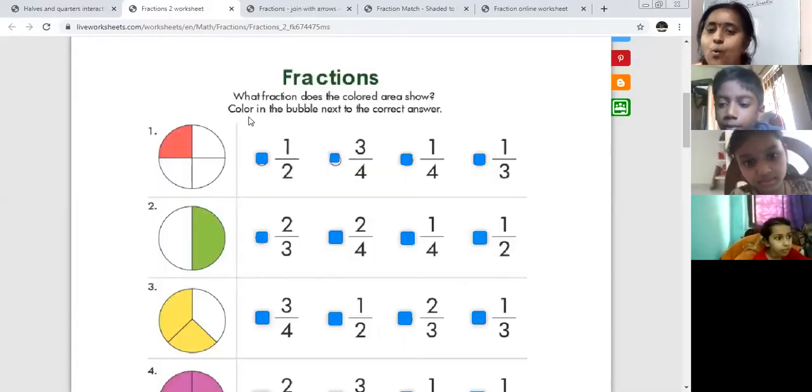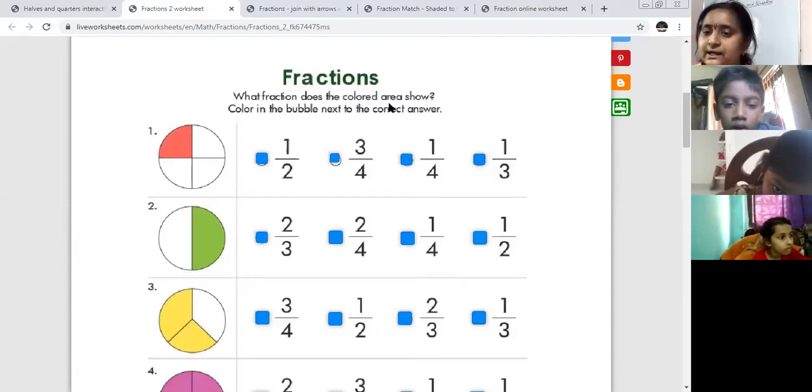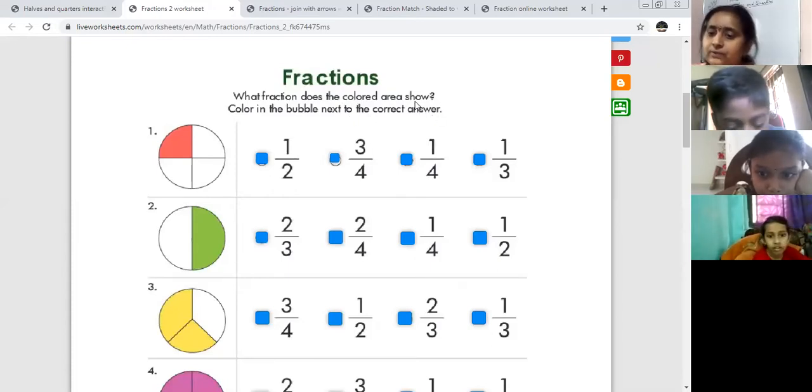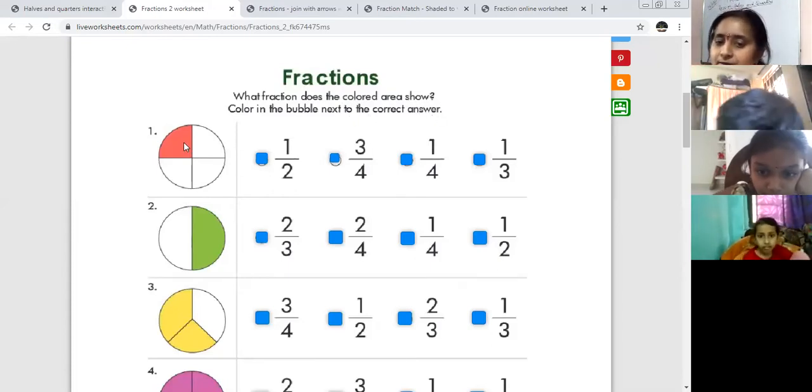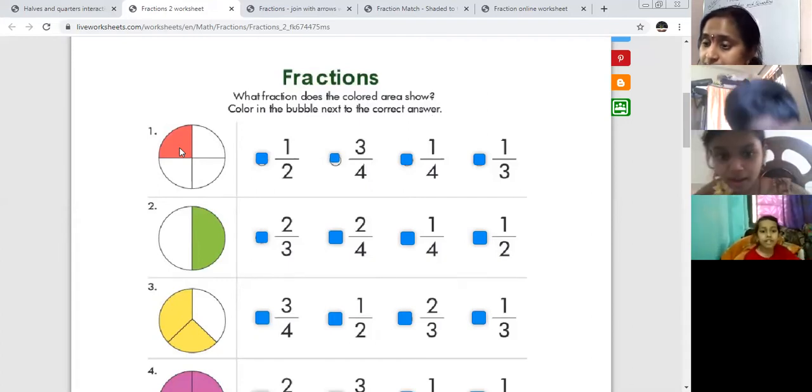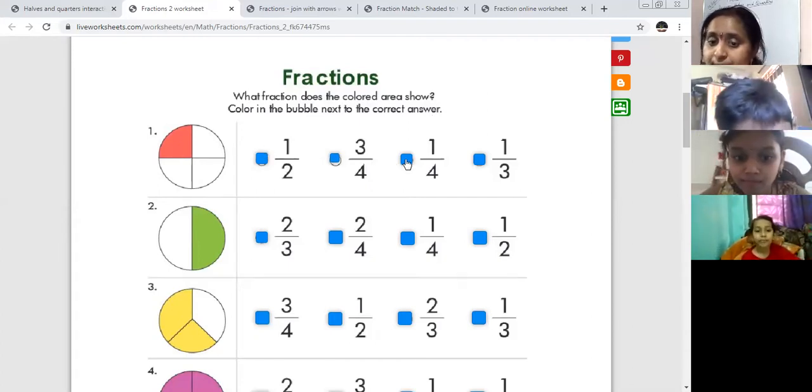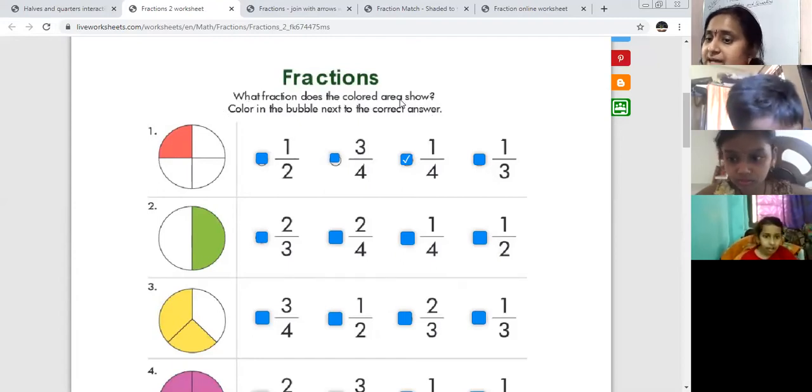What fraction does the colored area show? Color in the bubble next to the correct answer. First one, 1 by 2. 1 by 4. So what fraction does the colored area show?